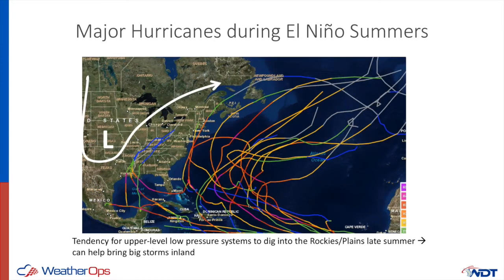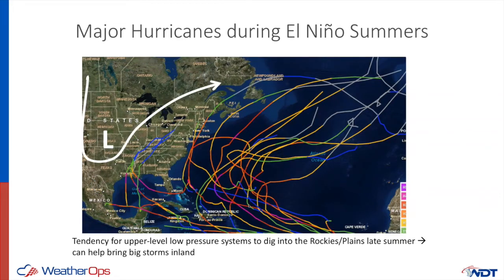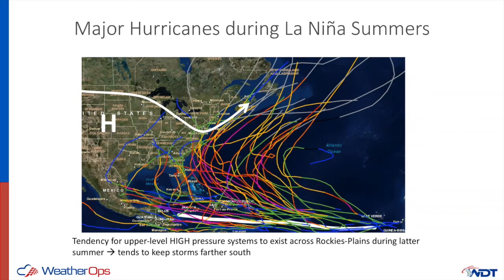In fact, it might be helpful to compare this to the tracks. Now these are major hurricanes, I should mention. All that was done here was to look at major hurricane tracks during La Nina summers and compare those to El Nino summers in the Atlantic Basin only. And what you notice is a far lower frequency of major tropical cyclone tracks during El Nino summers versus La Nina summers, and that's really the main takeaway.